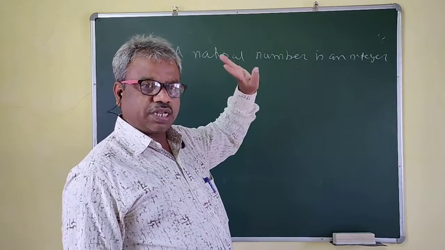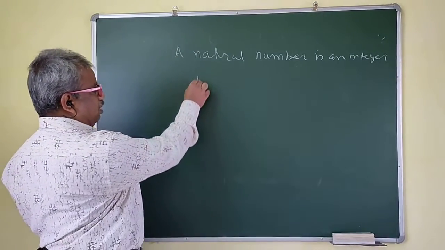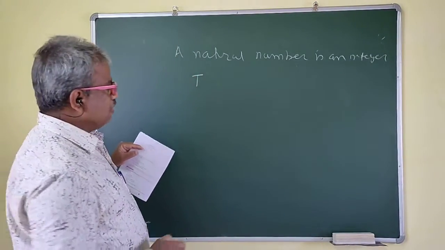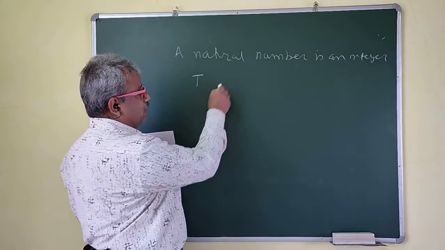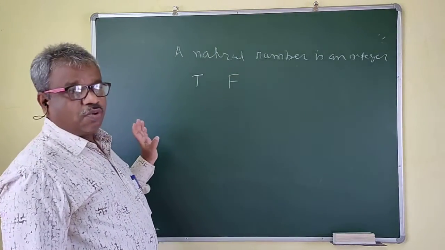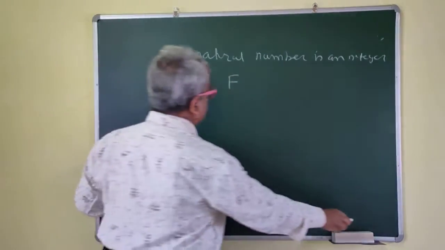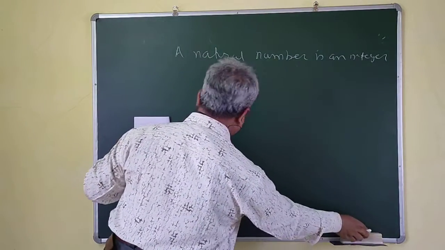So this is a statement and the truth value of this one is T. T means the truth value of that statement is true, and F means the truth value of that statement is false. So simply say T and F; this is the truth value of the statement.